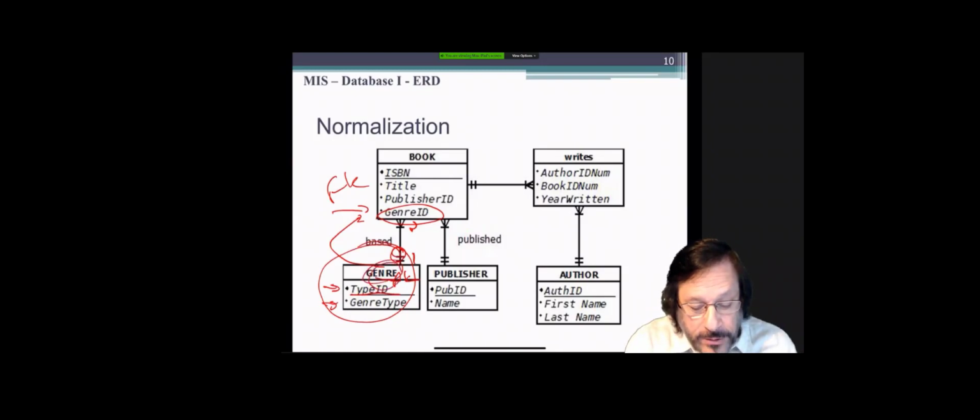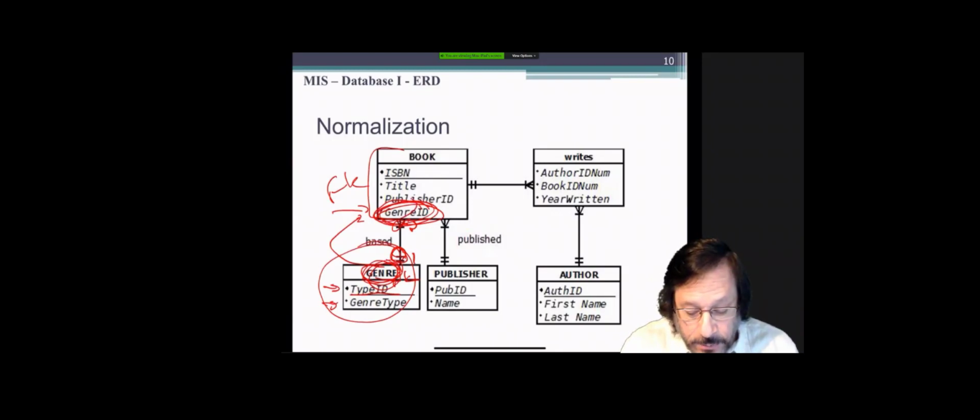A genre must be associated with one or more, with many books. Therefore, this is the one side, and the one side always is going to turn around, and there is where the foreign key goes. By reading this, a book has one and one only genre. This is the one side of that relationship. The foreign key goes there.